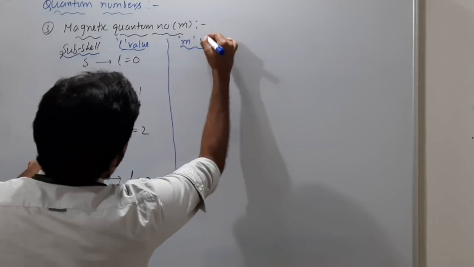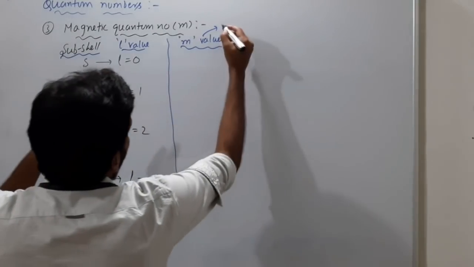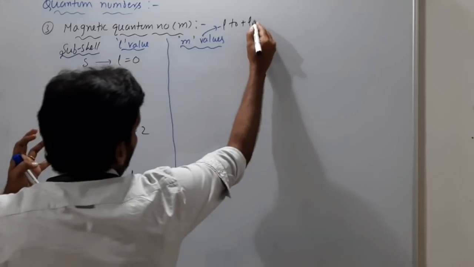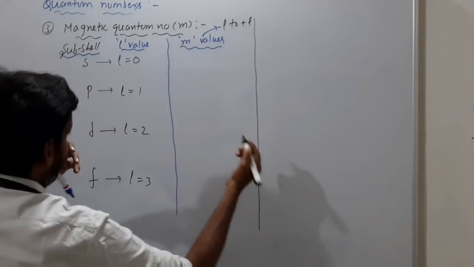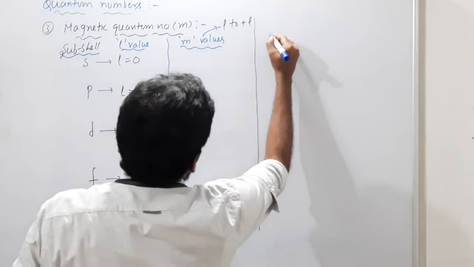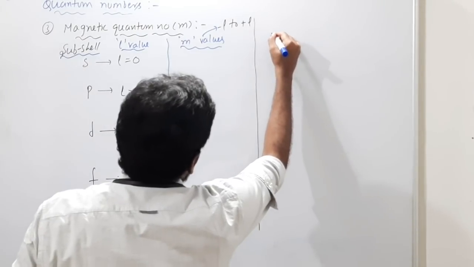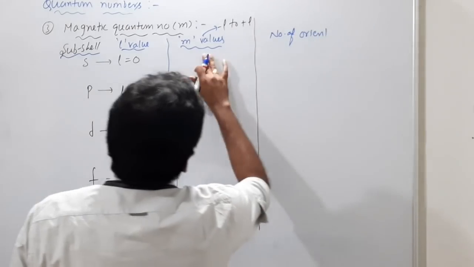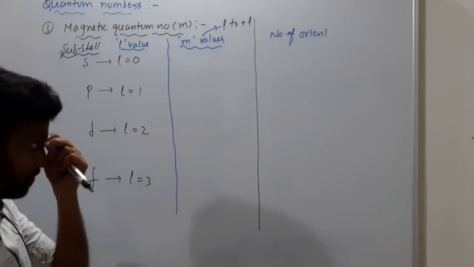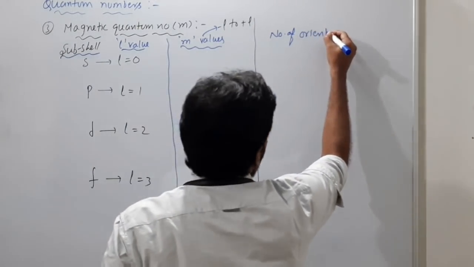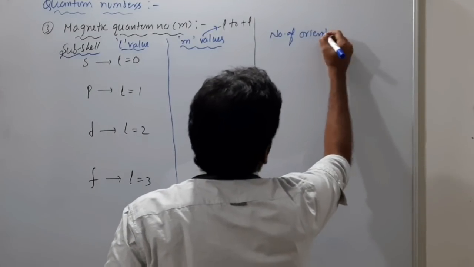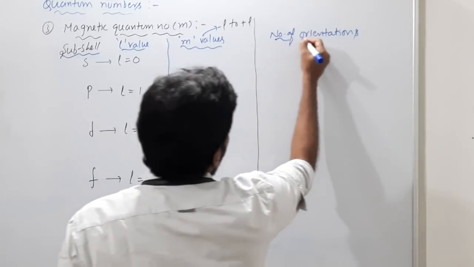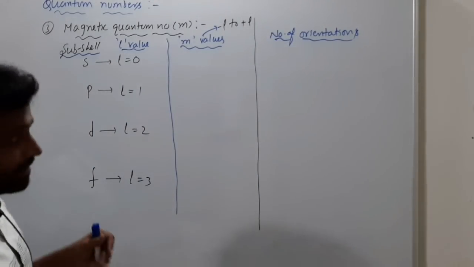Now the m values, which I told you run from minus l to plus l, and the number of orientations. Listen carefully.